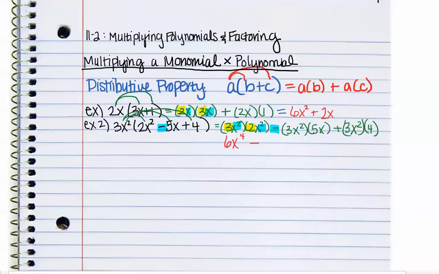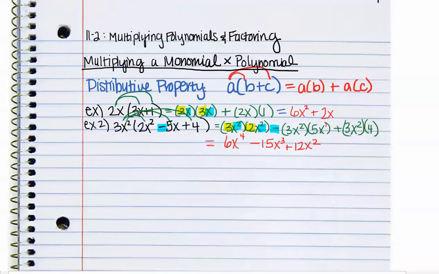And then I'm going to bring down the subtraction sign, and then we have 3 times 5, which is 15. X squared times x, we add the exponents, so that's x cubed, plus 3 times 4 is 12 times x squared.